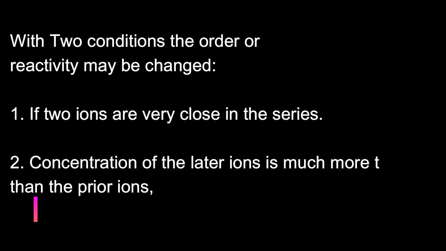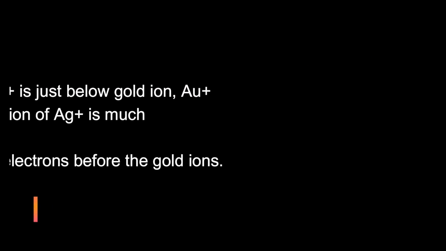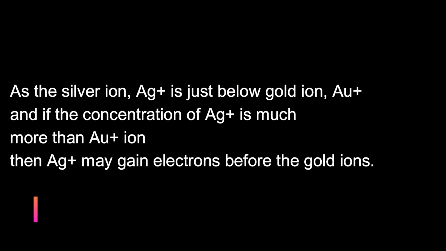But with two conditions, the order may be changed slightly, which is when you get two ions with close competition in the electrochemical series. Suppose here gold ion and then comes silver ion. They are very close in the series. And then another condition is when the concentration of the next ion, which is silver here, is much more than the concentration of gold ion, then before gold ion the silver ion may gain electrons, and this you get between any two ions that are close together.